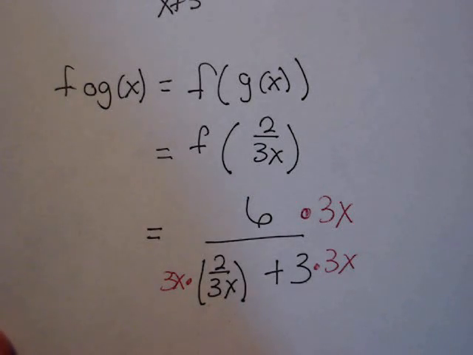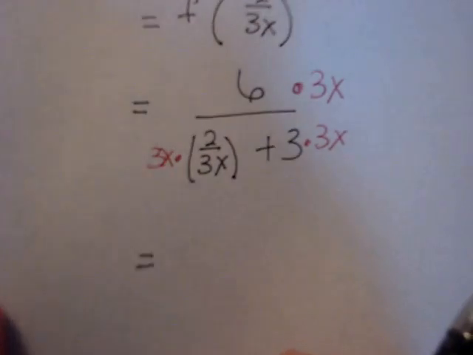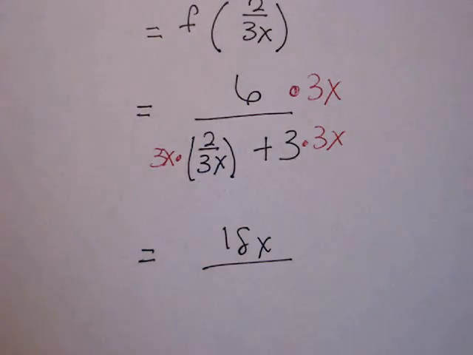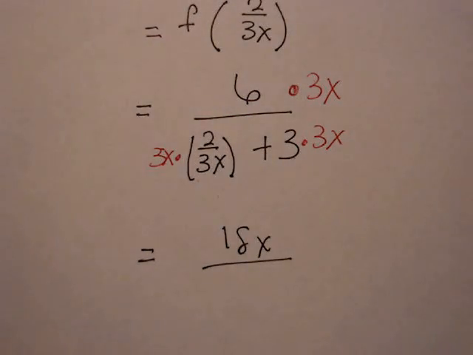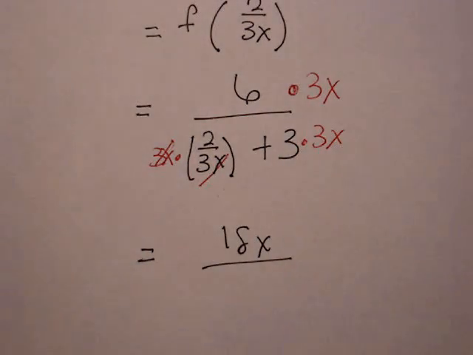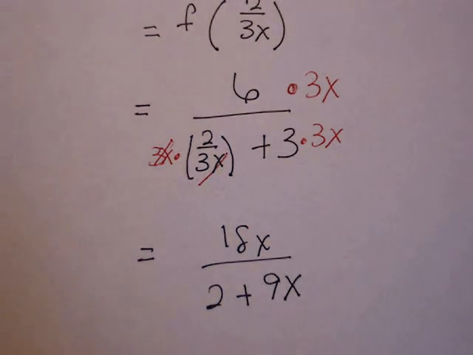On the top, we're just going to get 18x. On the bottom, the point of multiplying through by 3x was that this 3x and this 3x cancel, and I'm just left with 2 plus 9x.